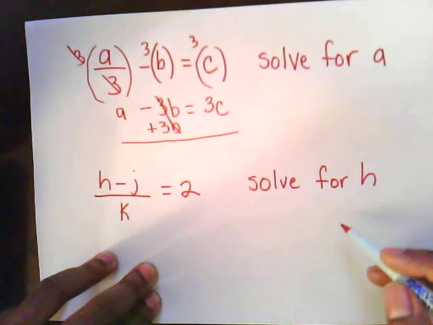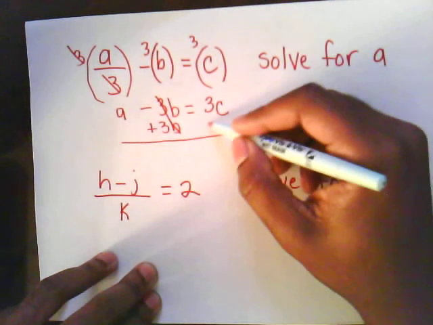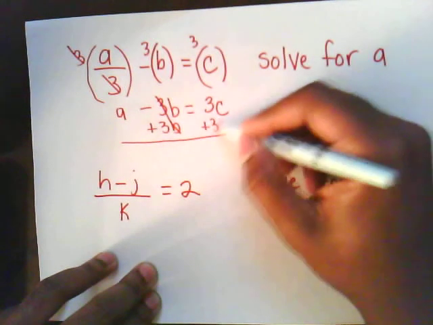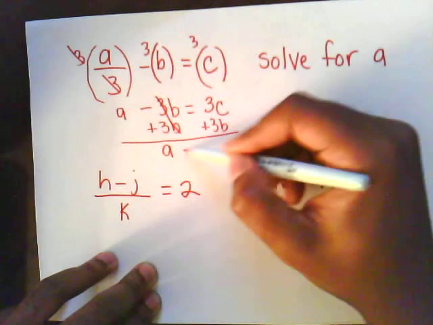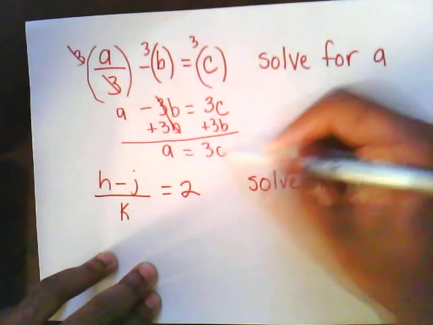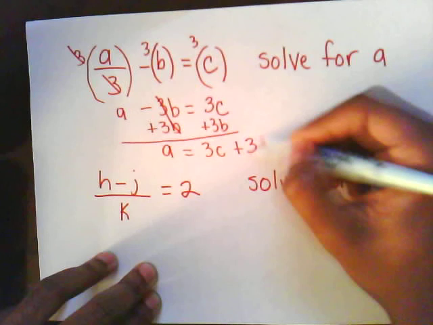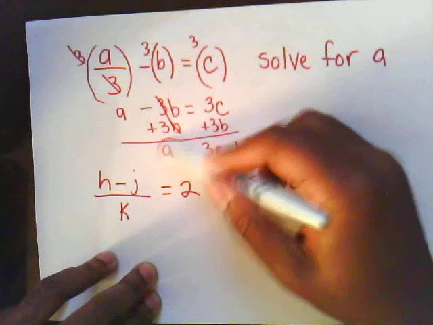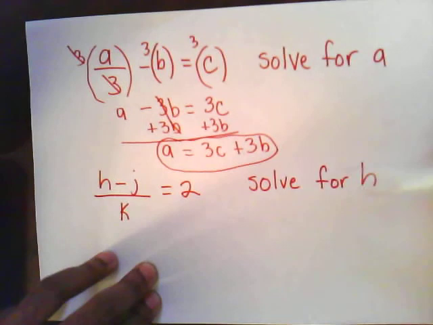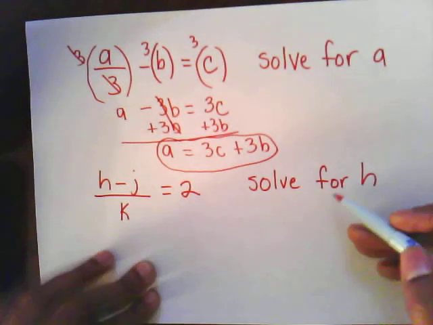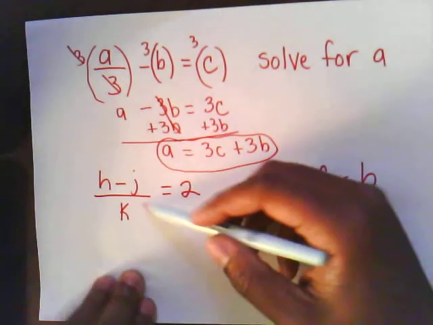Now you have to do the same thing on this side. Plus 3b. So our answer is a equals 3c plus 3b. Once you get the hang of it, all we're doing is inverse operation.